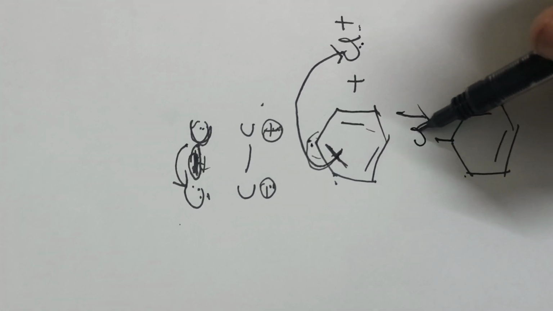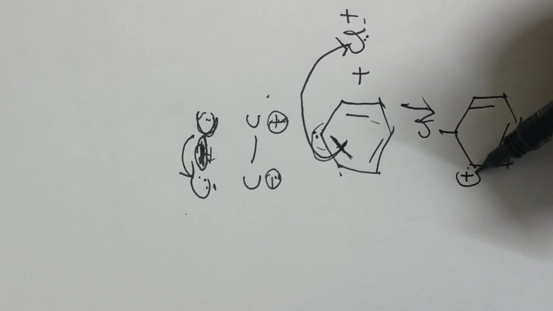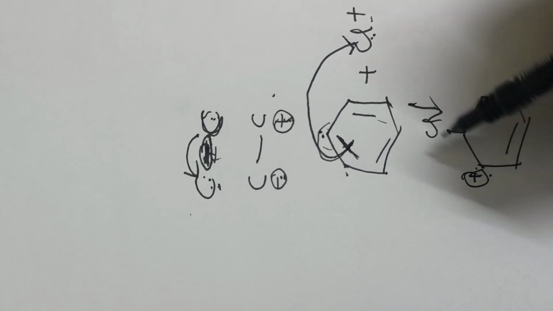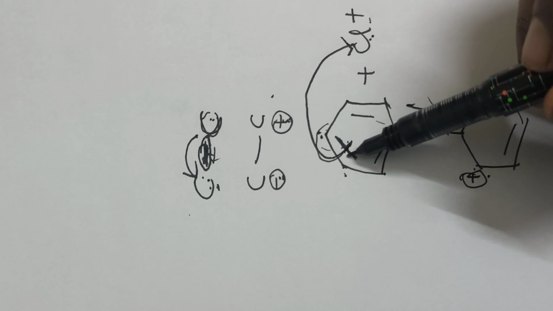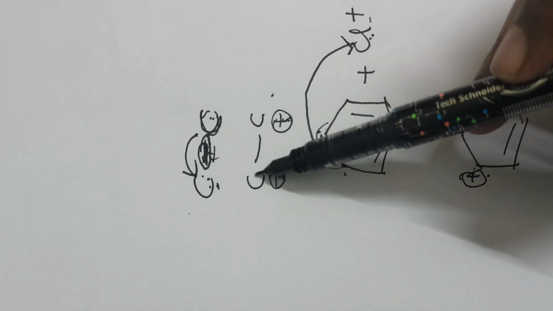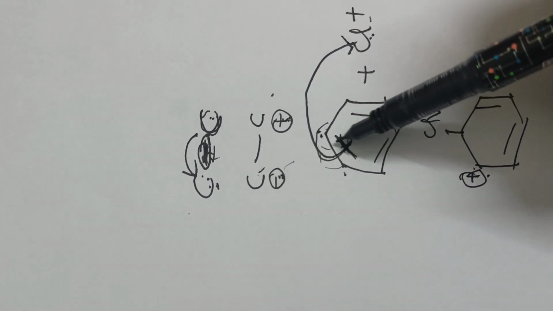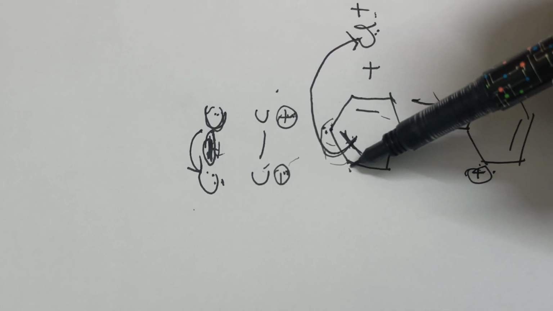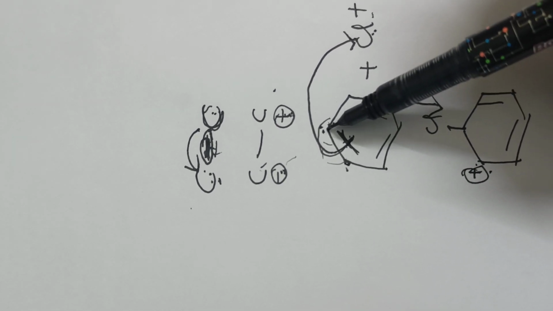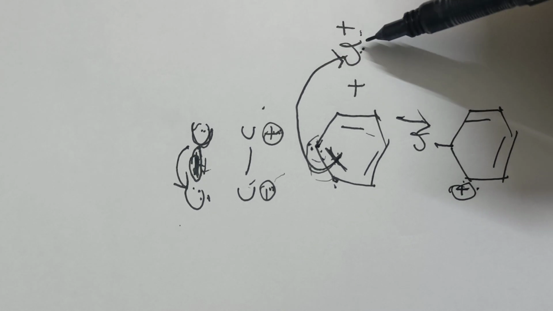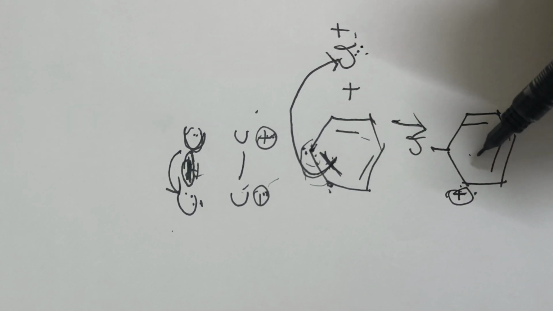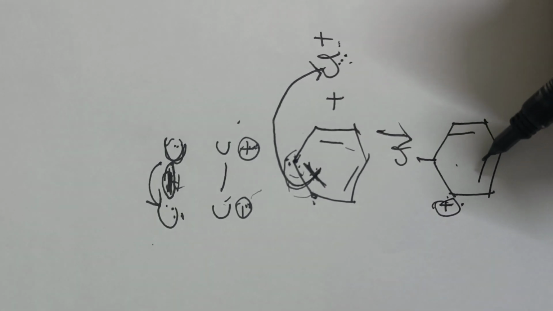So if chlorine gets attached here, then this carbon should have a positive charge on it. What's the reason? Because this double bond broke up into two parts. This carbon got a minus charge and this carbon got a plus charge. And the extra electron this carbon gained, it gave to this electrophile Cl+. So this is what we got as a result of that.